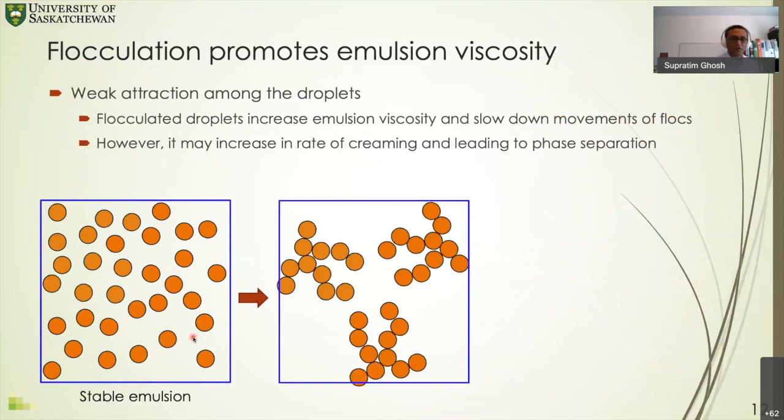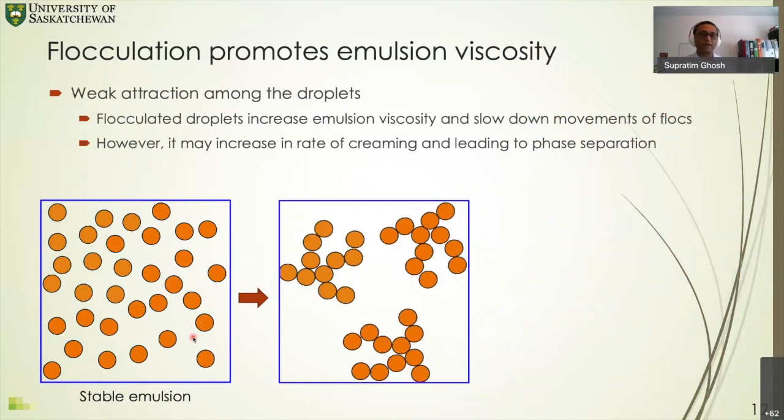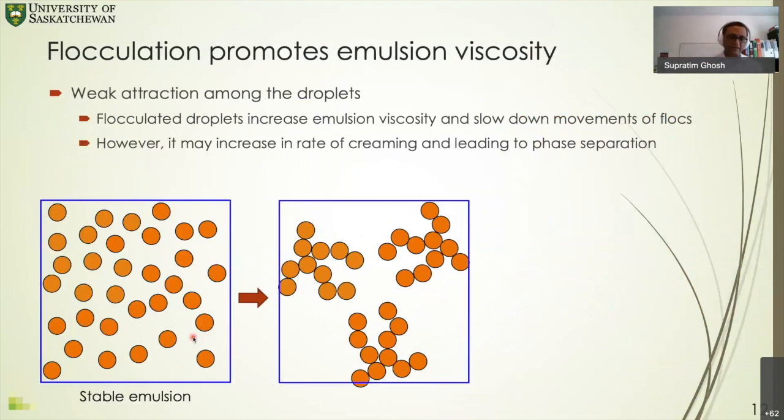Now, these flocculated droplets behave like a large entity, and they move on their own. And because of that, the viscosity of the emulsion increases tremendously. So just by inducing attraction between the oil droplets, you can convert a liquid emulsion into a very viscous emulsion.